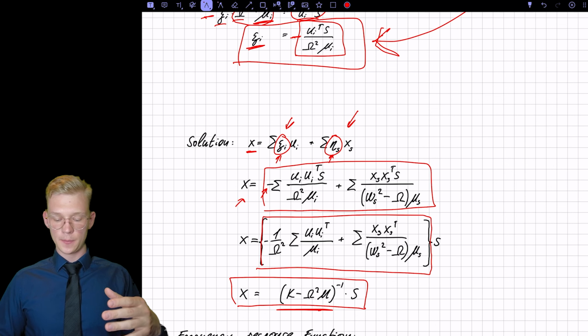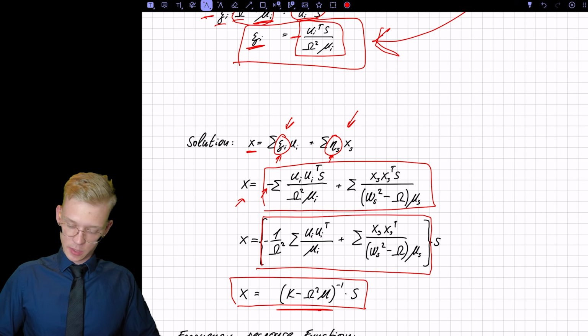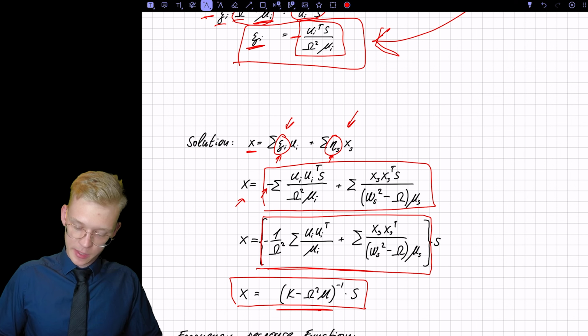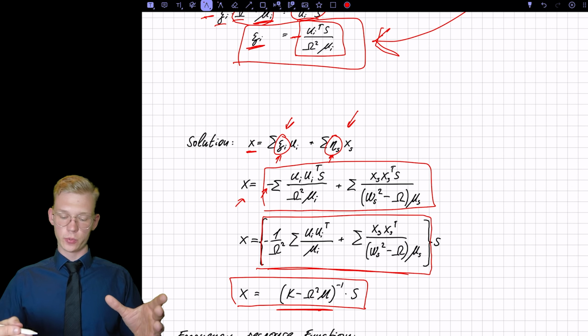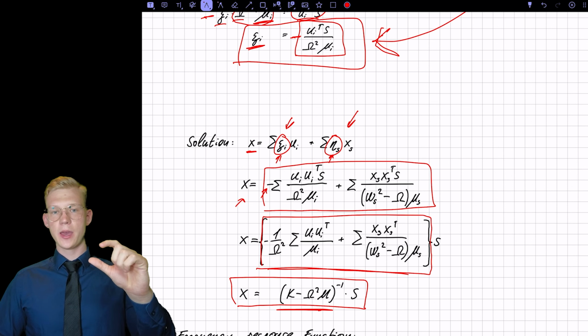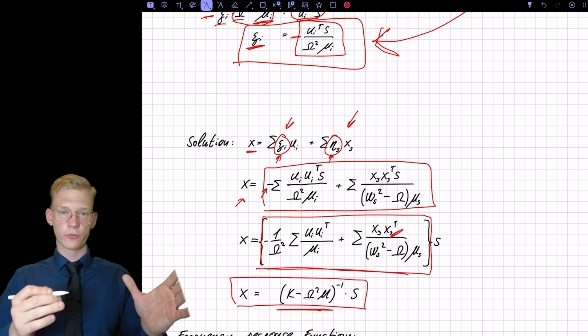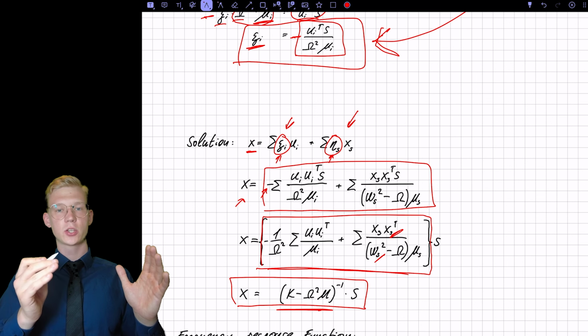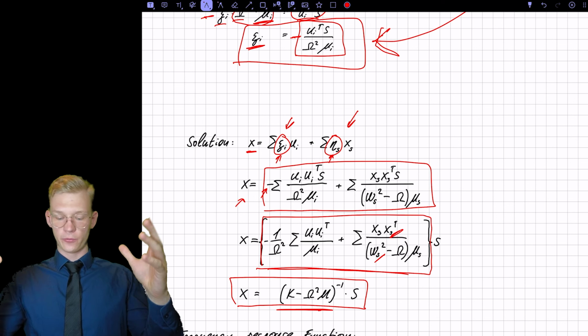So we don't have to invert it with iterations, but we can just calculate the inverted matrix with the help of those eigenmodes and eigenfrequencies. So by doing a little bit of work up front, that is calculating the eigenmodes and eigenfrequencies, we save a lot of work later, or we can actually do work that would be impossible to do if we didn't do the work up front.